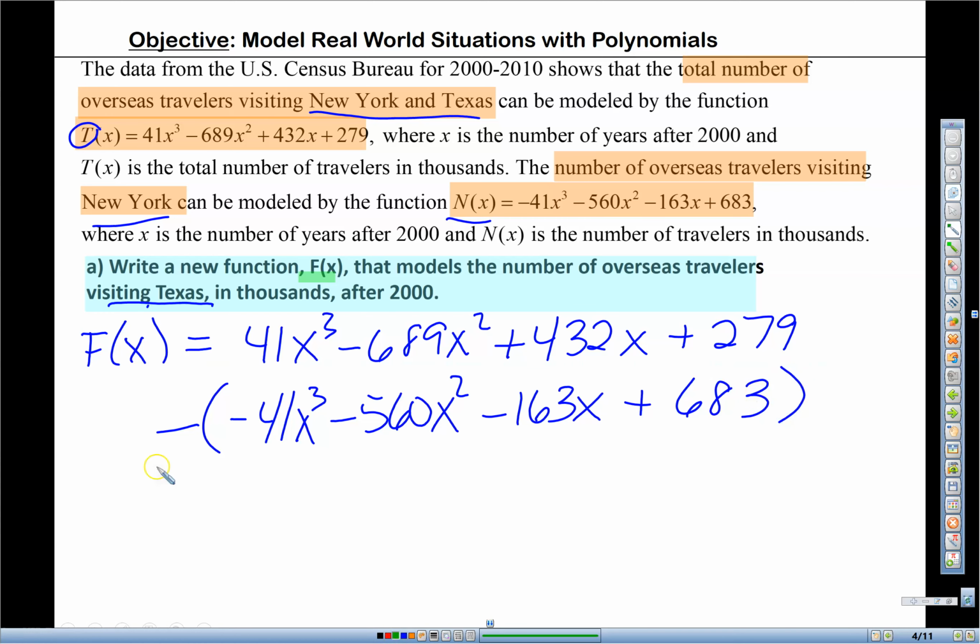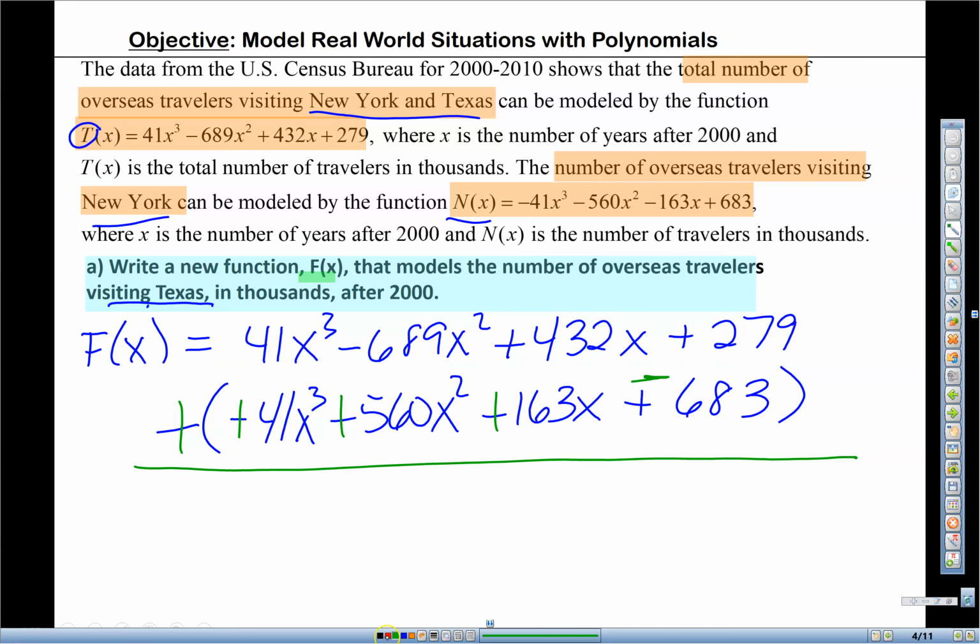All right, so remember with subtraction, before we combine any like terms, we want to apply the subtraction concept of adding the opposite. So I want to make sure that I make this addition, and then each of these terms here will change signs. So this becomes positive, positive, positive, and negative.